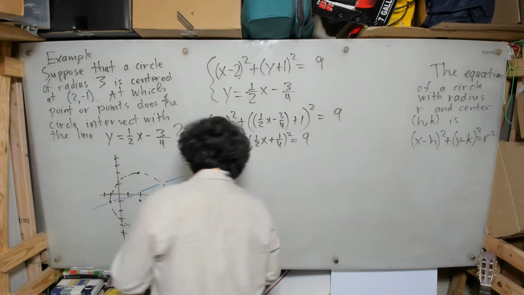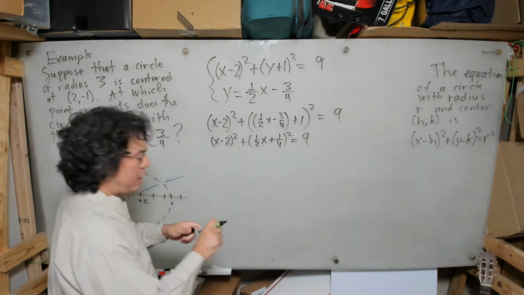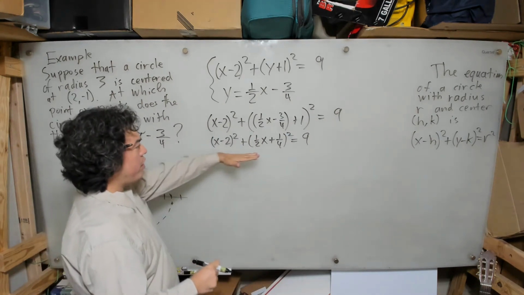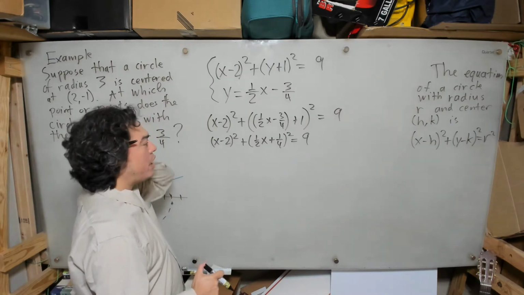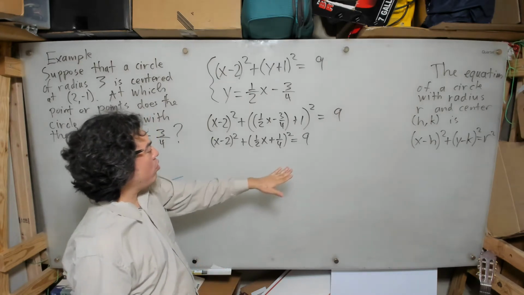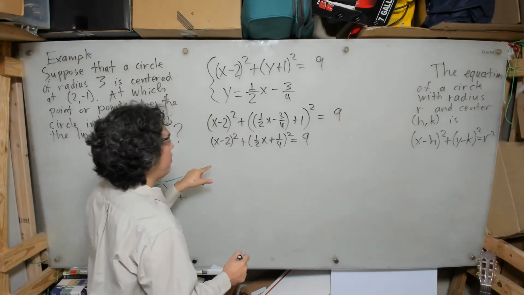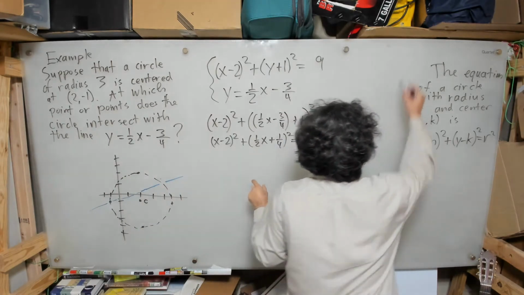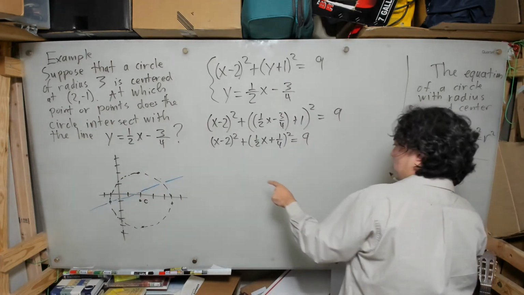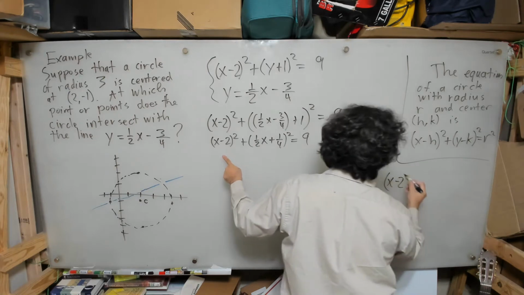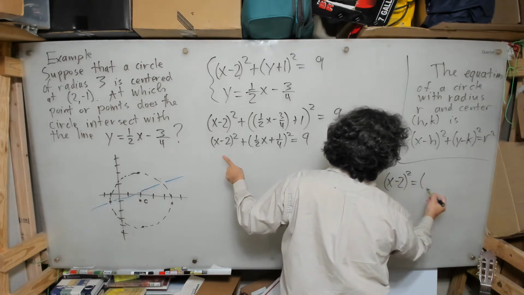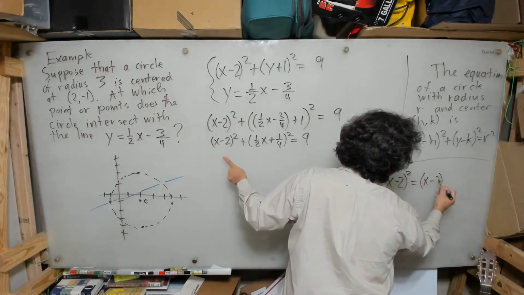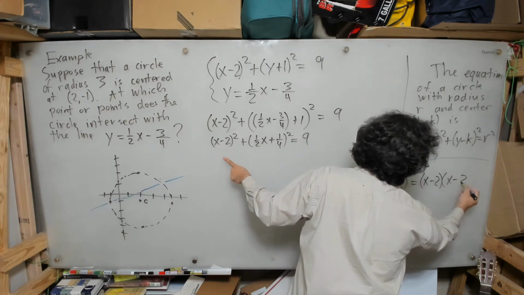Okay, so now we're going to begin again. We have this equation, and now we're going to expand the whole thing out. This one, I'm going to FOIL it out over here. If I have x minus 2 squared, that's nothing but x minus 2 times x minus 2.